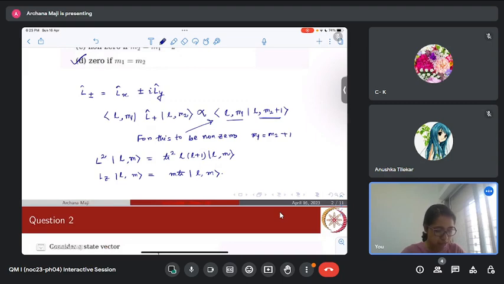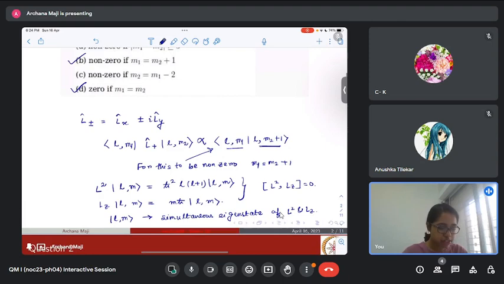So |l,m> is nothing but a simultaneous eigenstate of L square and Lz, since they commute. And since these eigenstates are defined to be orthonormal, these are all orthonormalized.